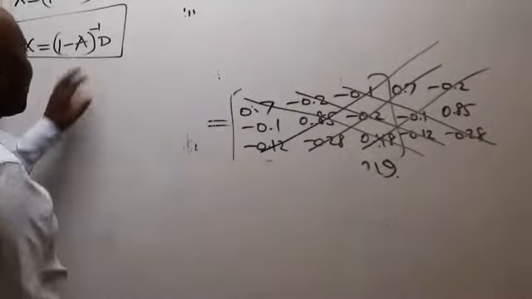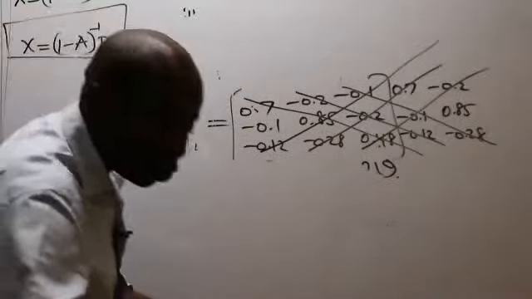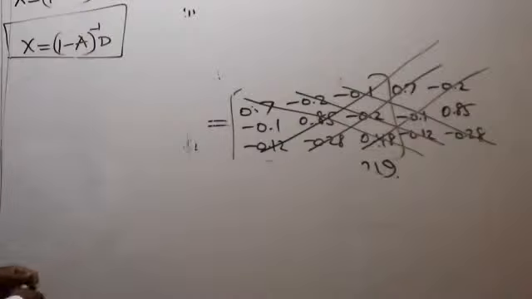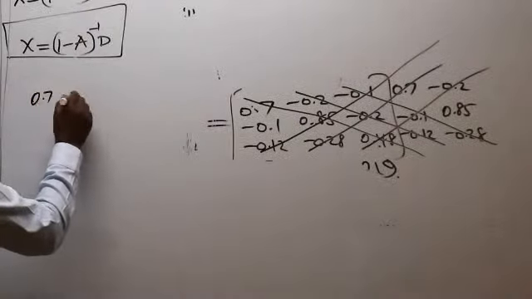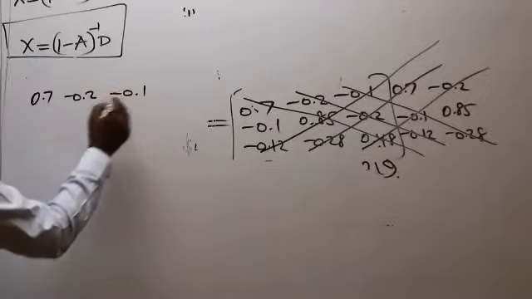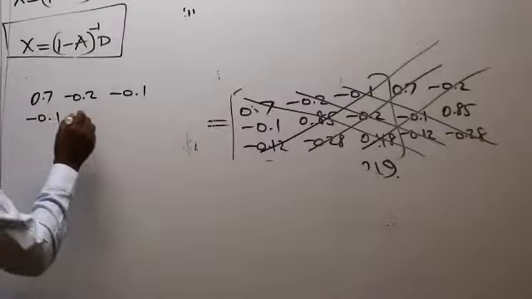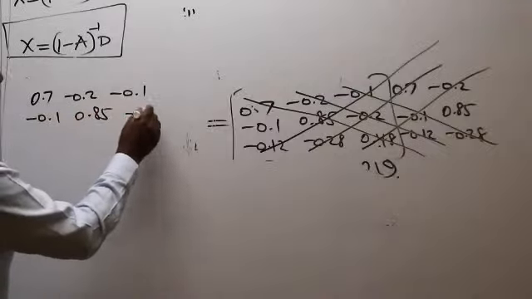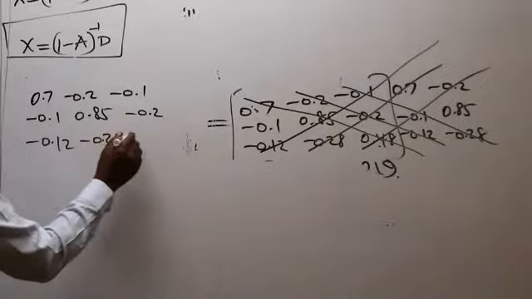We want to inverse I minus A. To inverse it, I've been able to get its determinant. Now I want to get the minor elements. To get the minor elements, minus 0.1, 0.85, minus 0.2, minus 0.12, minus 0.28, 0.